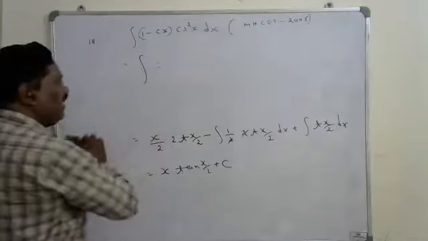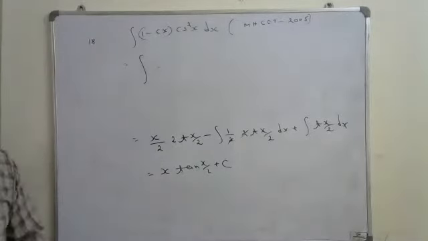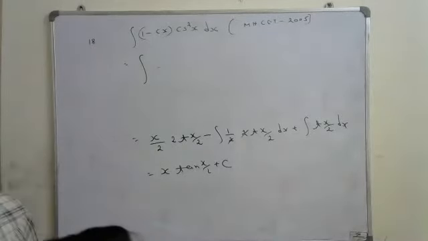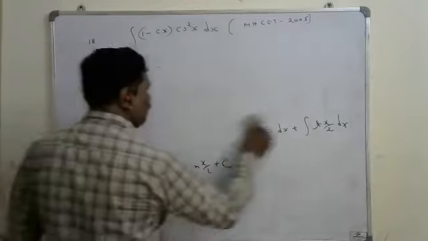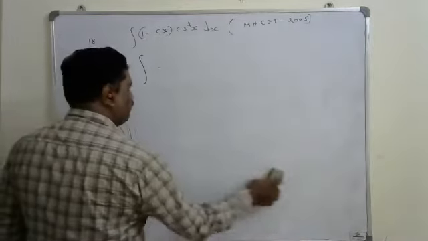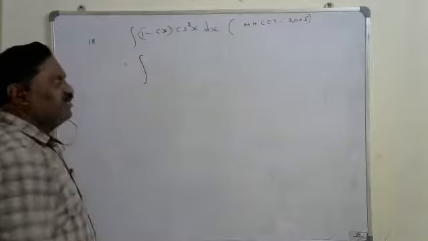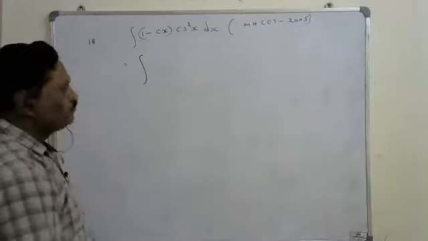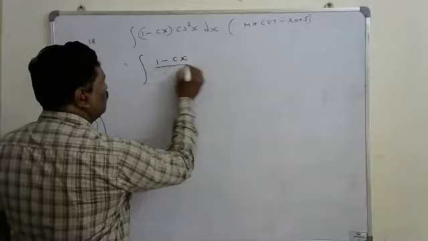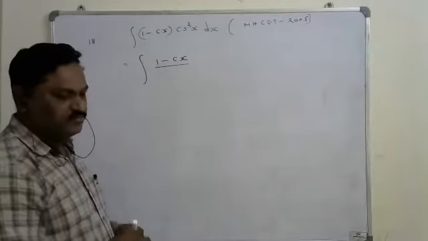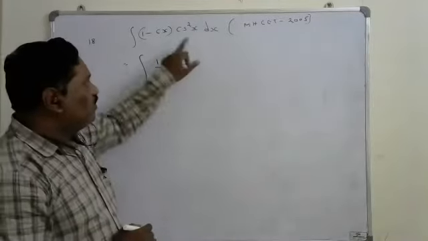First, give an idea, how can you solve this? Cosecant square we can write as 1 by sine square x, and then we can split it. Good.